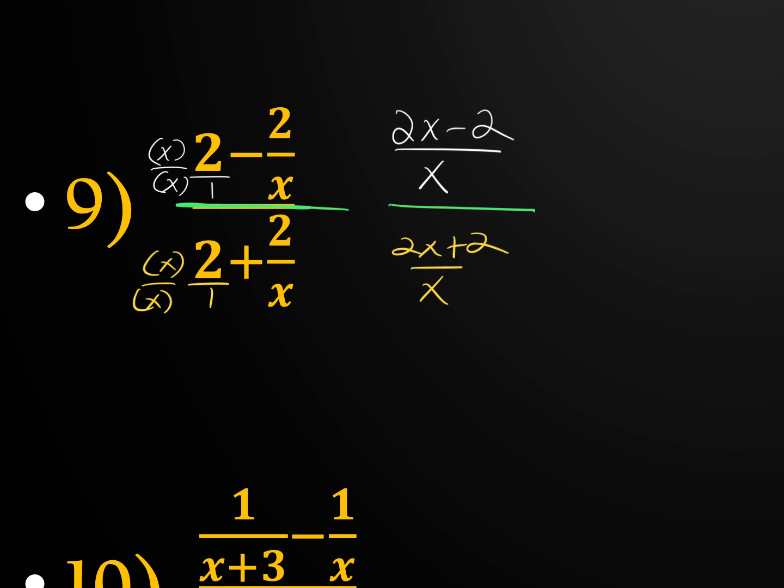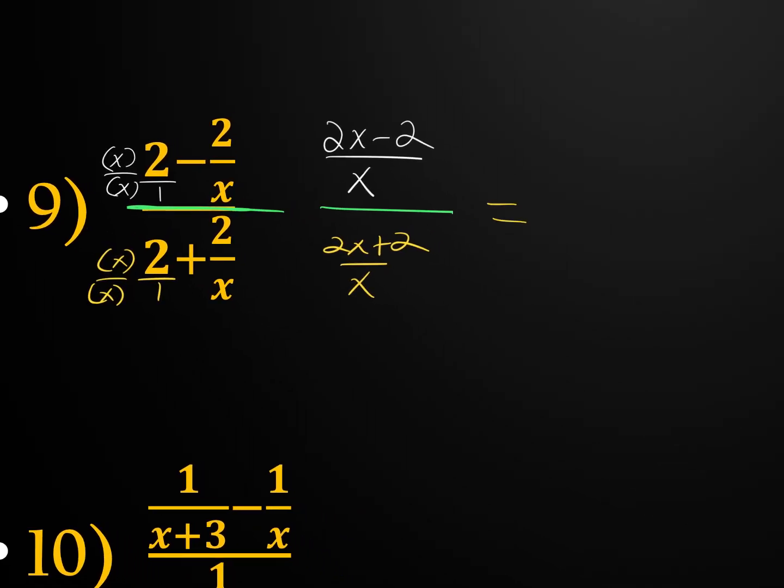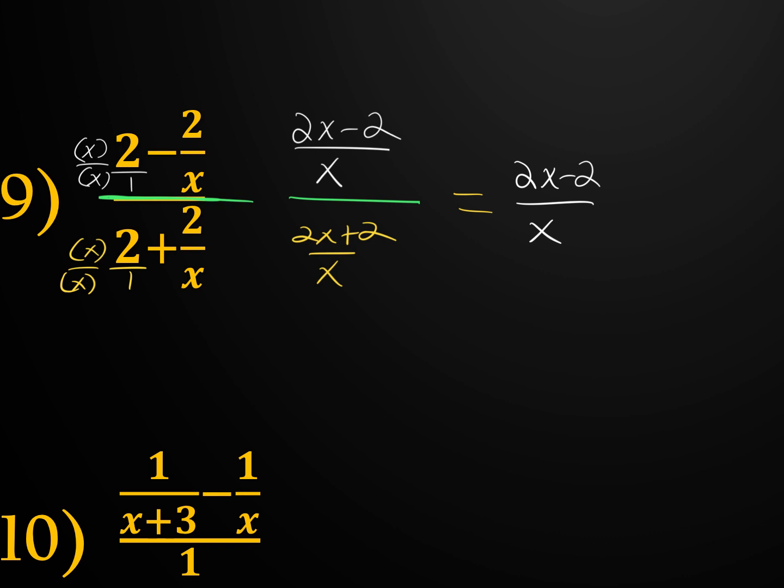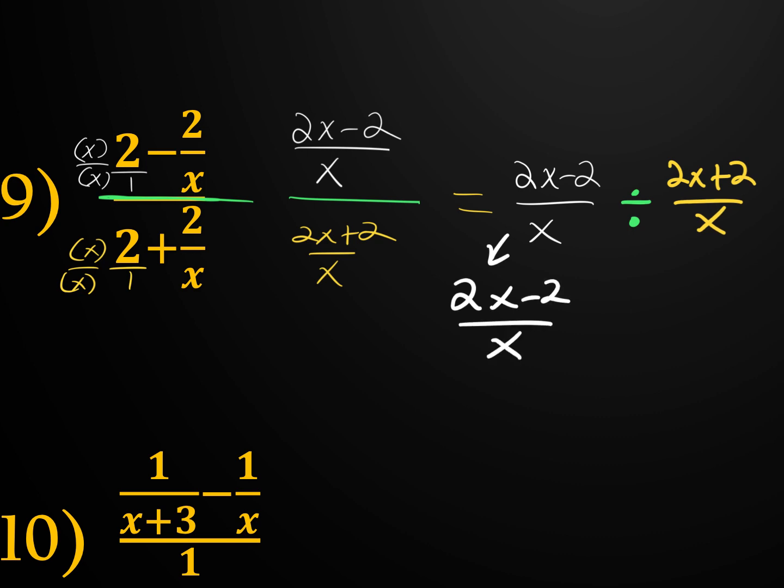Now that it's simplified and it has a common denominator, we turn it to a division problem. So now I'm really just doing 2x minus 2 over x divided by the yellow, 2x plus 2 over x. Keep, change, flip it. So keep it, change it to multiplication, and then flip the yellow upside down.